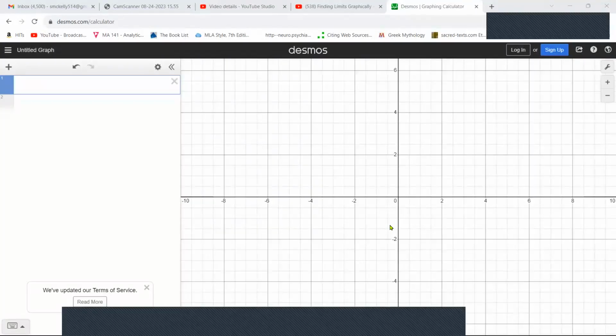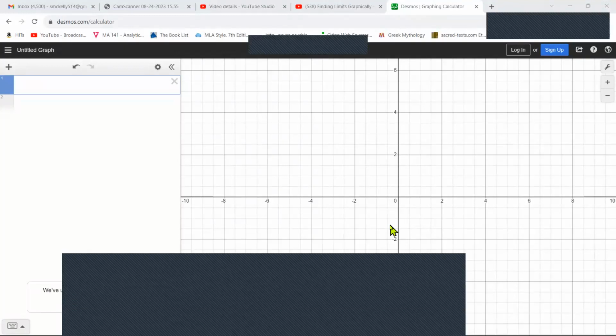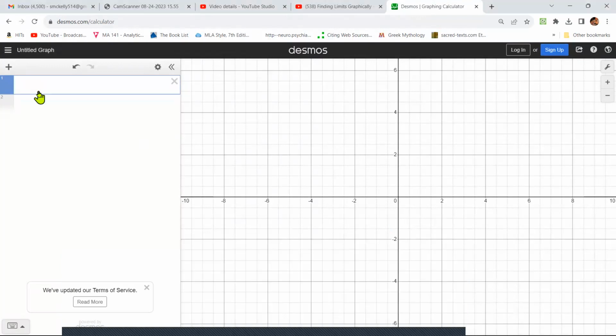So if you want to enter piecewise functions, you can do this on your calculator as well. Desmos is easier to see, but I'll also show you where it is on your calculator. If you have conditions, then you should enter them separately.